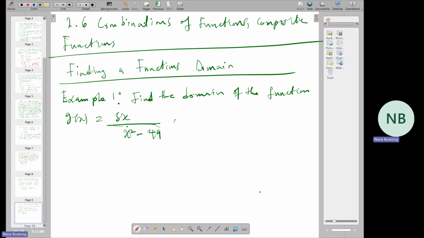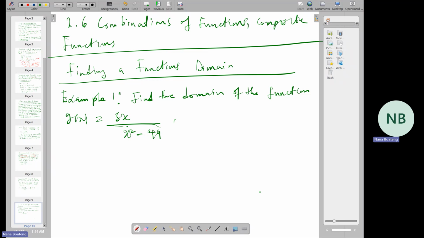All right, so to find the domain of this function, we have to make sure that there is no x value in the interval allowed for this function at which the function becomes undefined.